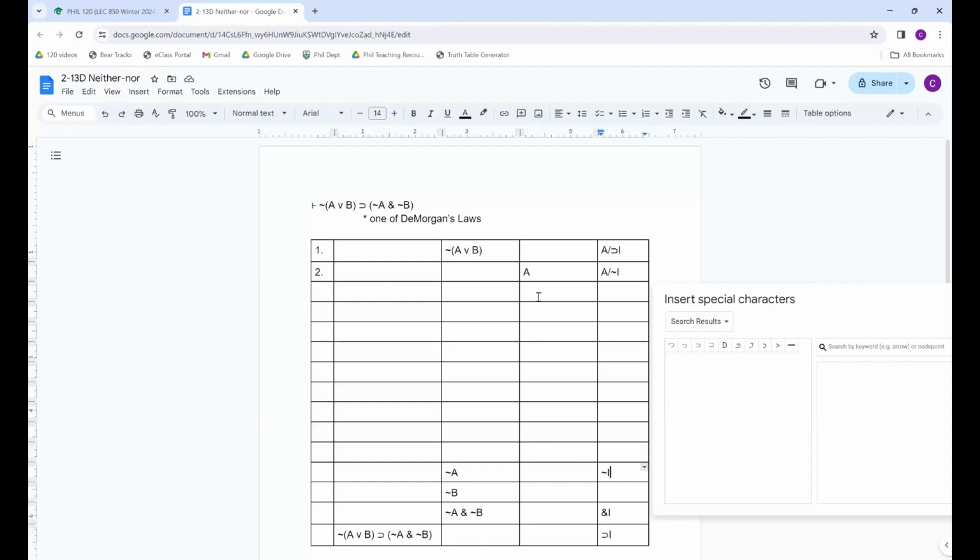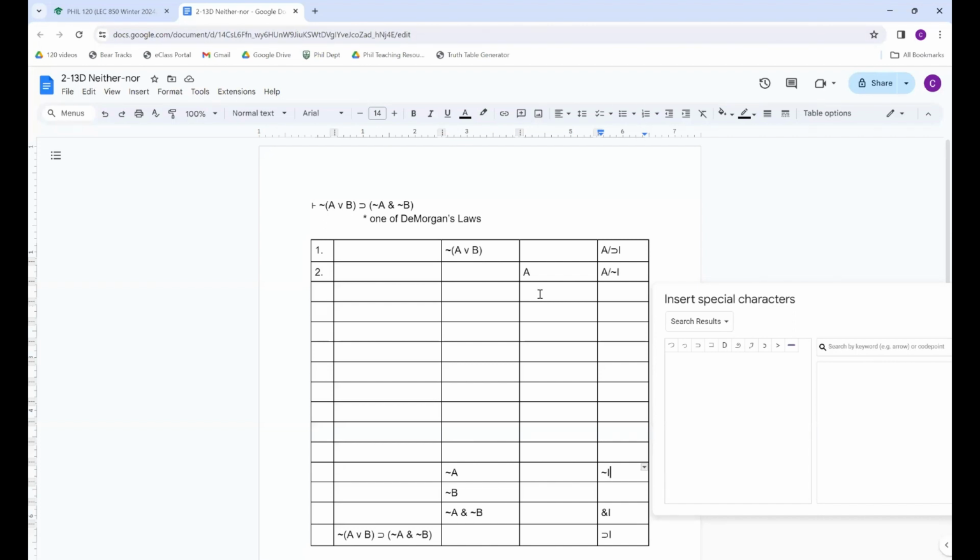But when you're trying to find a contradiction, you generally don't want to try to find two brand new sentences that are going to contradict each other. What you usually want to do is look at the earlier lines of the derivation and try to find the opposite of something that you already have.